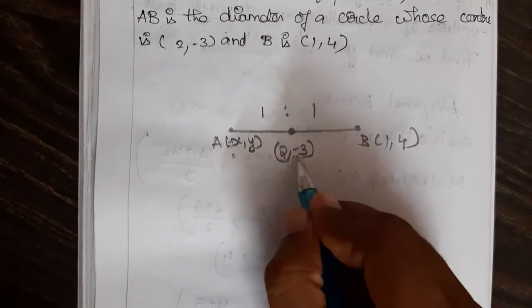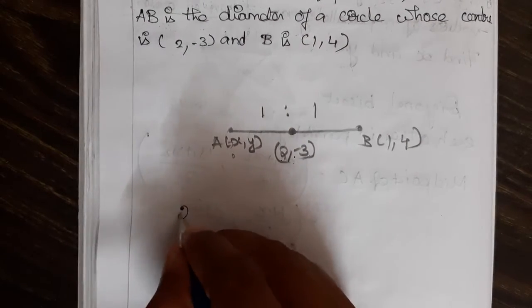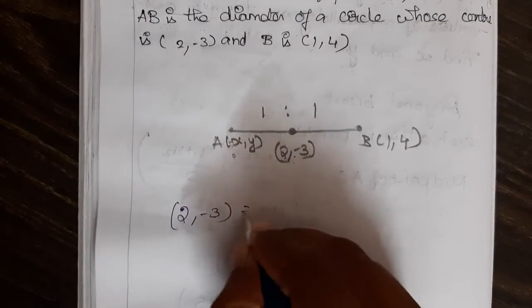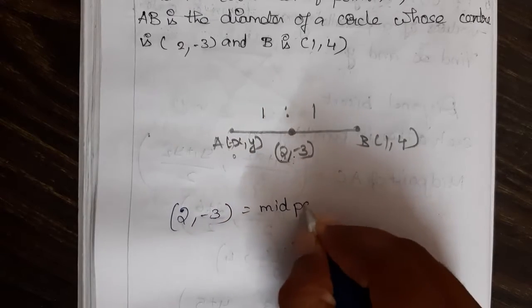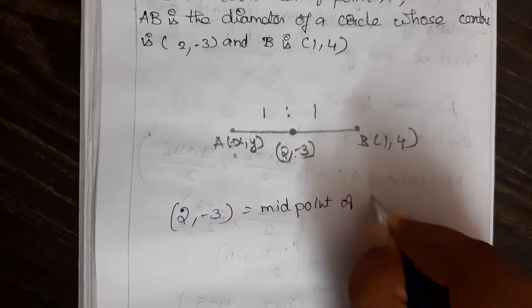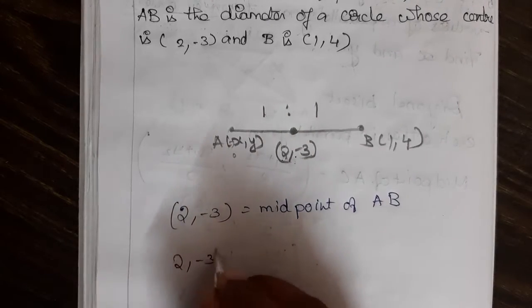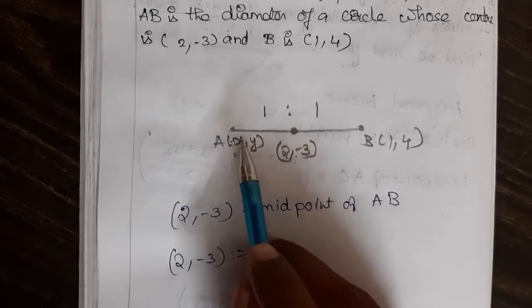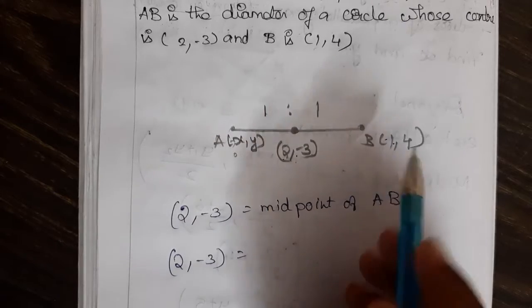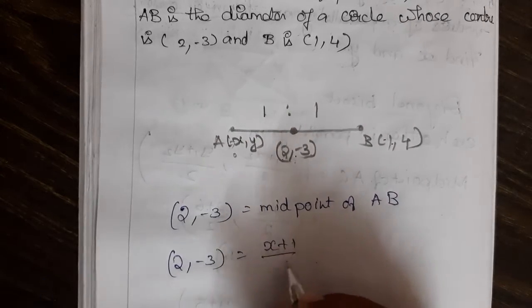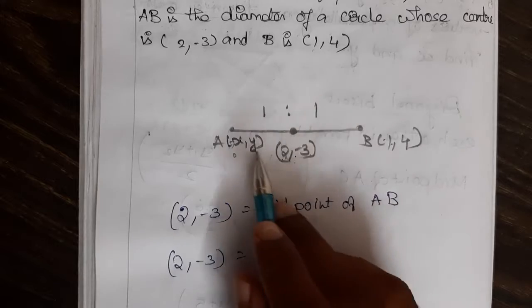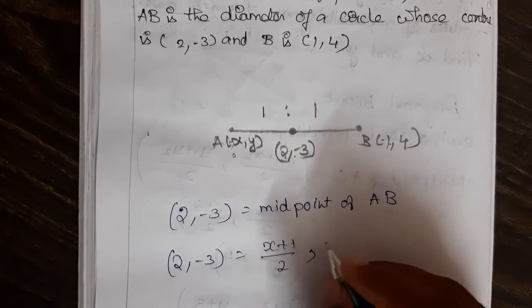So the point (2, -3) is equal to the midpoint of AB. Clear? That's it. Then 2 comma minus 3 is equal to the midpoint of AB, which means (x1 + x2)/2, that is (x + 1)/2, comma, here (y + 4)/2.